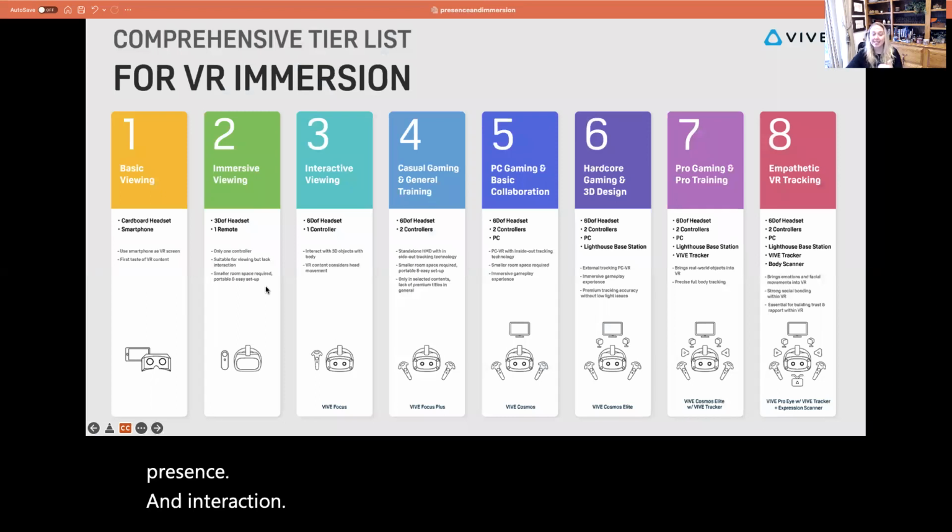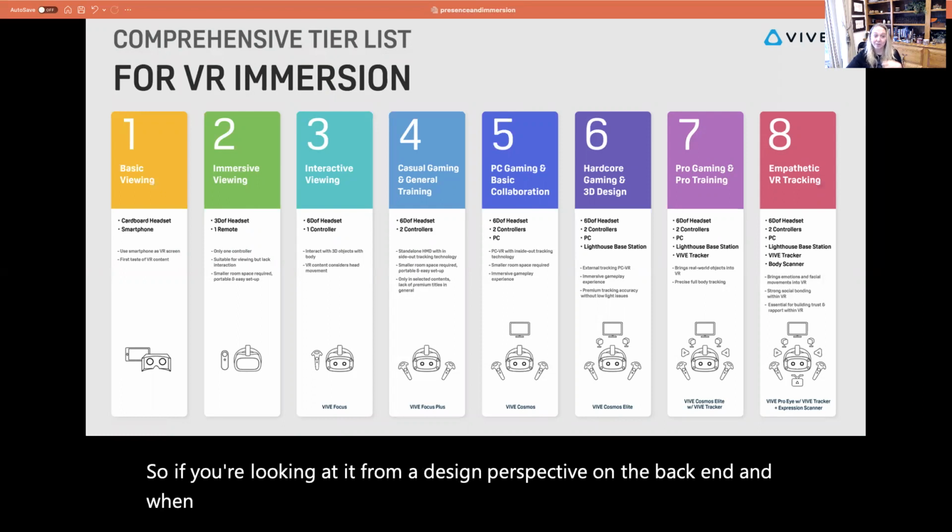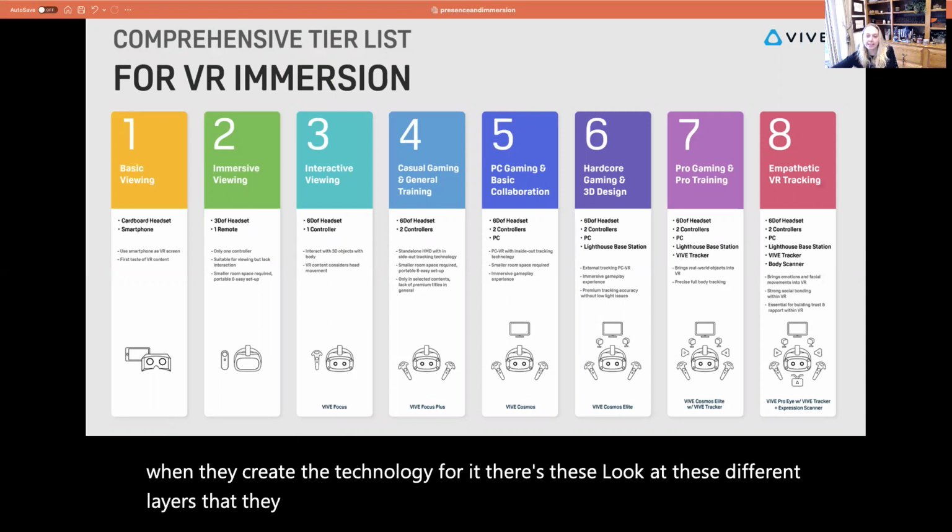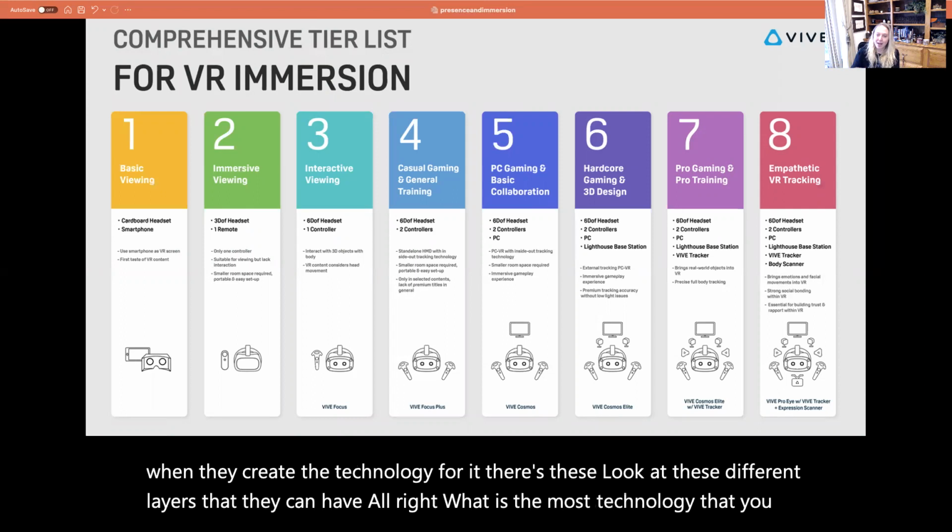So if you're looking at it from a design perspective on the back end, when they create the technology for it, they look at these different layers that they can have. All right, what is the most technology that you can use to create VR immersion?